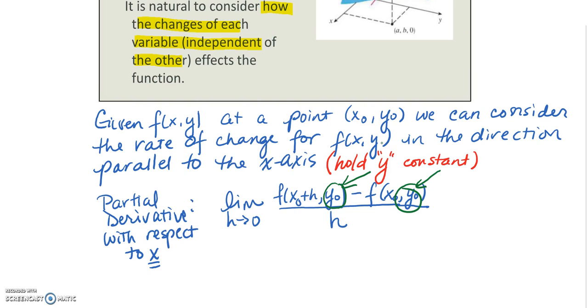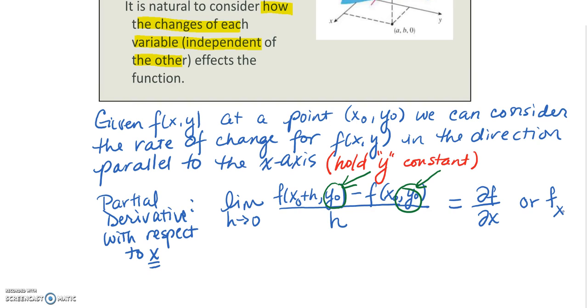Now, there is some notation that you'll need to learn how to use. We call this the partial derivative of f with respect to x. Those are specific mathematical symbols that indicate a partial derivative. Or we can say f with a subscript of x.